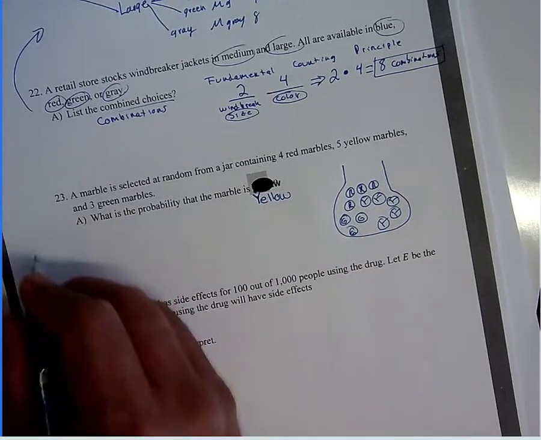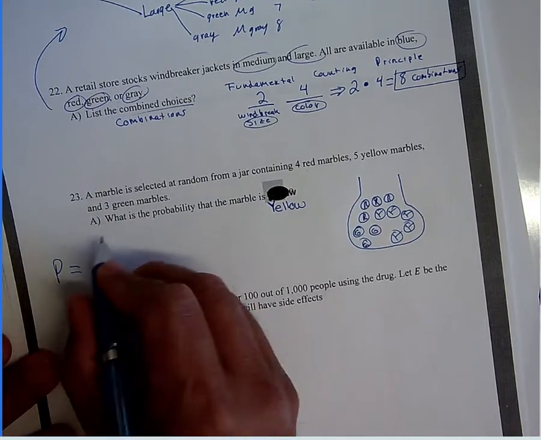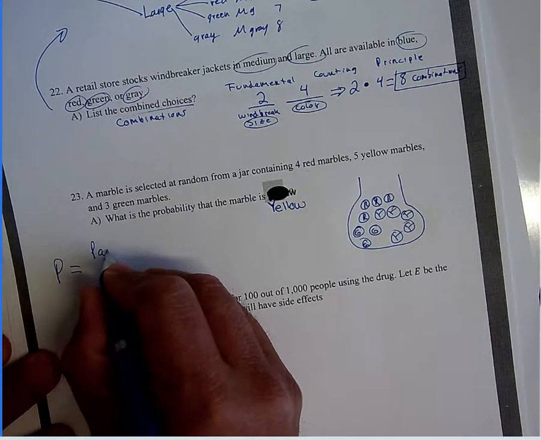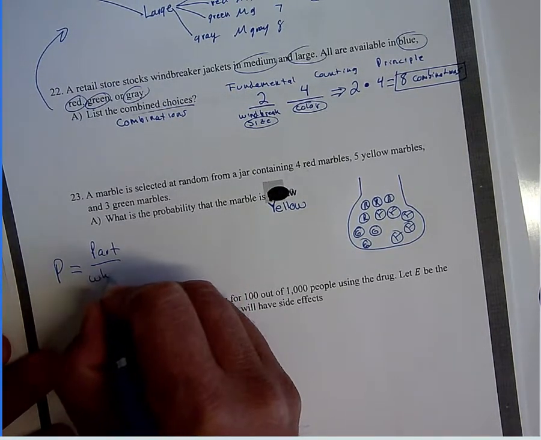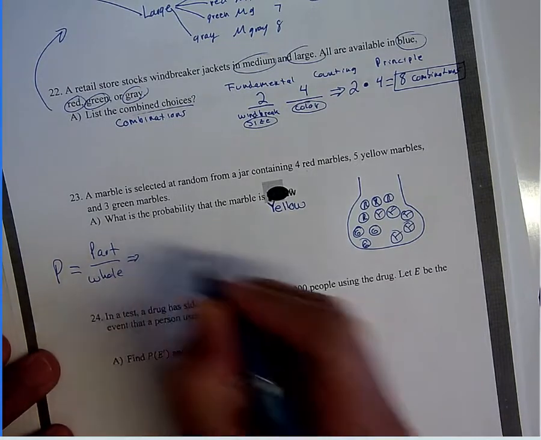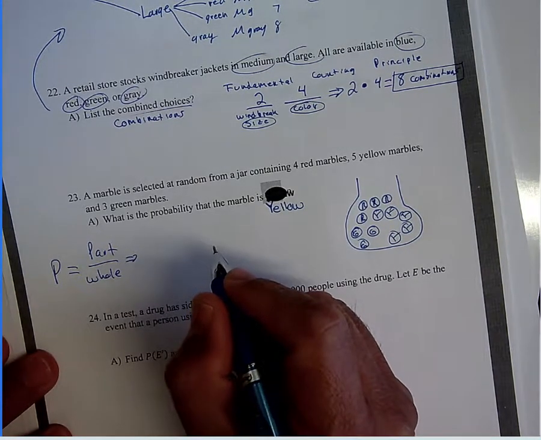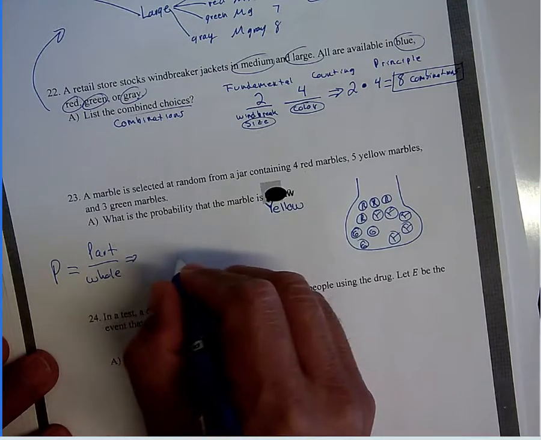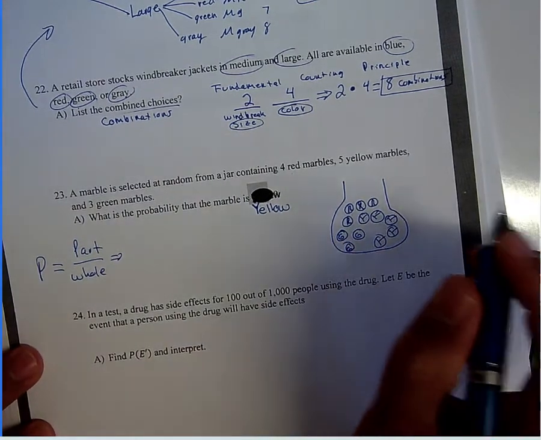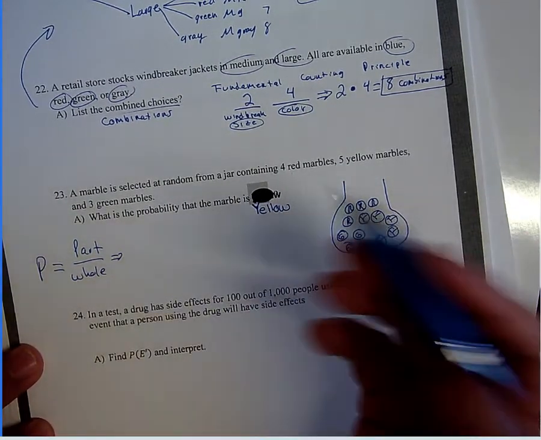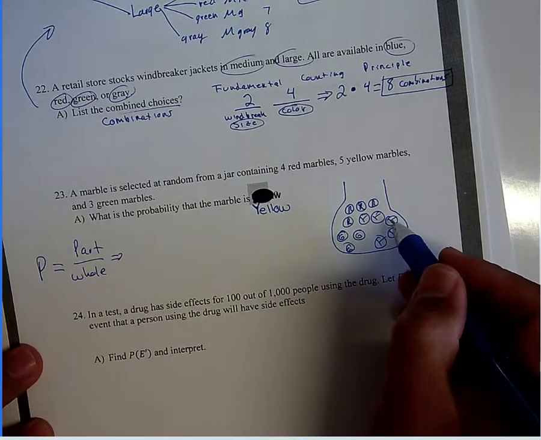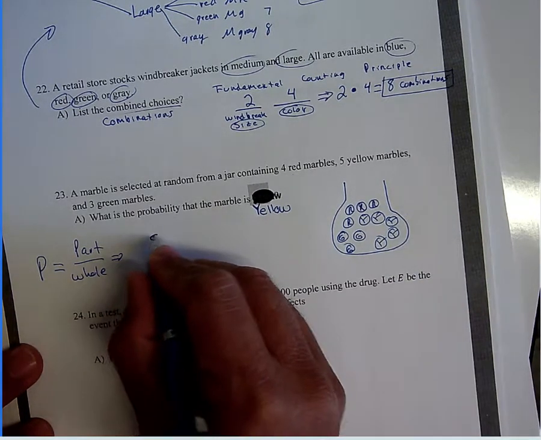So this is for probability. Remember, this is where you put the parts over the whole. Another way to write it is what you want and then over everything. I don't know, just use different ways. So what is the part that you want from it? You want the yellow. How many yellows do we have? We have 5.